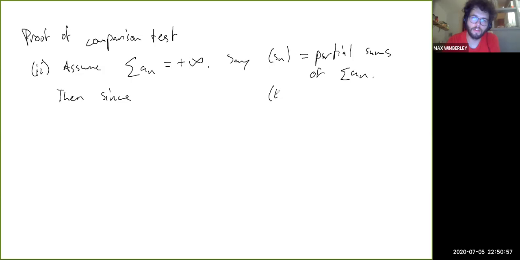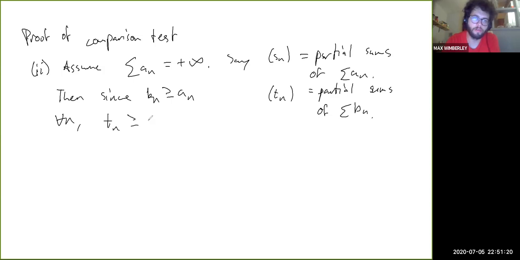And say Tn is the partial sums of the series of Bn, right? Then since Bn is greater than or equal to An for all n, we have Tn is greater than or equal to Sn for all n, right?